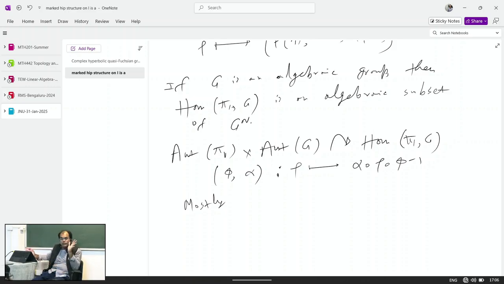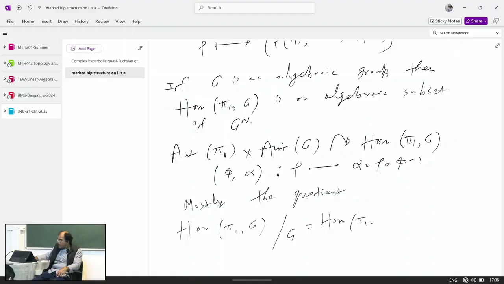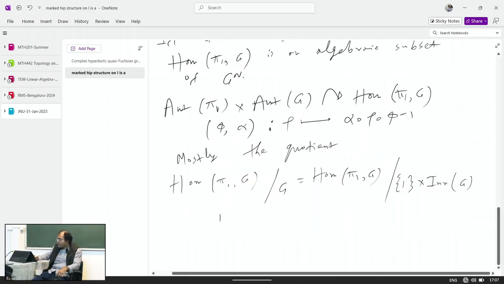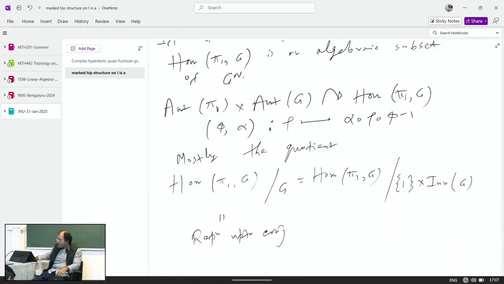Mostly the quotient Hom(pi 1, G) mod G, which is the representations modulo the identity times inner automorphisms of G, is the same as representations up to conjugacy.